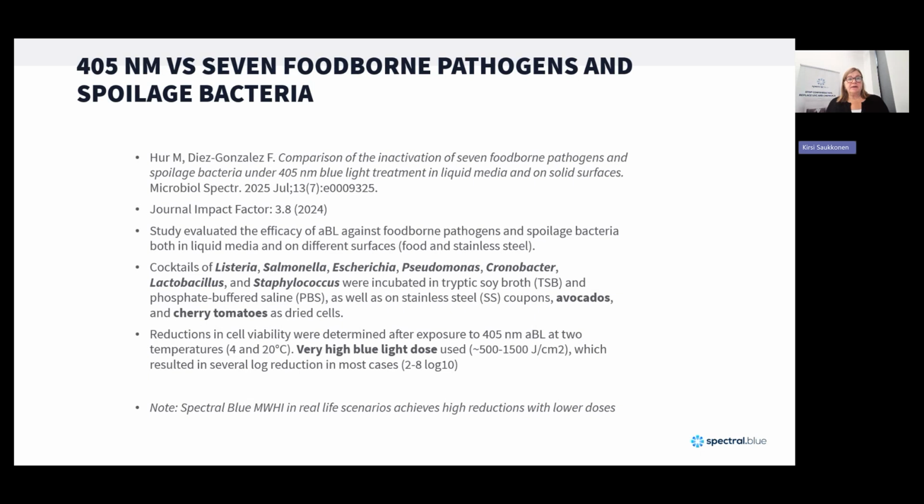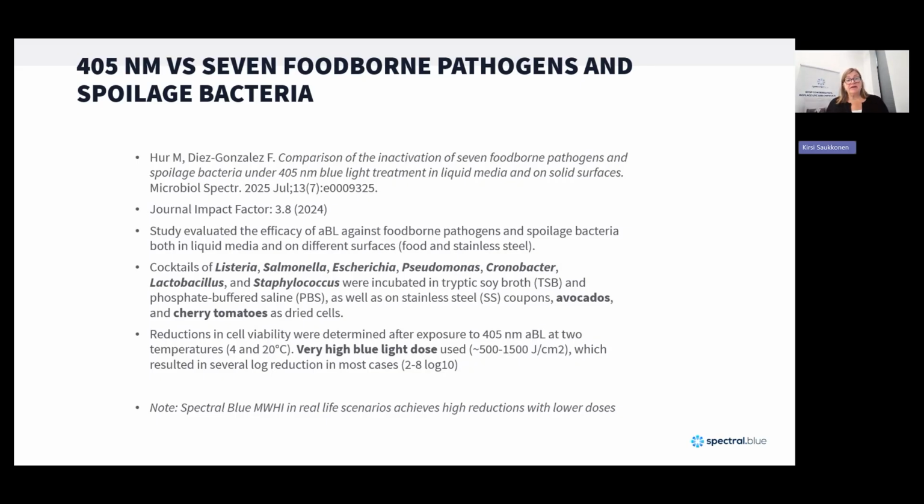And then this study is of several pathogens and spoilage bacteria in the food industry. They used cocktails of Listeria, Salmonella, Escherichia, Pseudomonas, Cronobacter, Lactobacillus, and Staphylococcus, on stainless steel coupons, as well as on avocados and cherry tomatoes as dried cells.